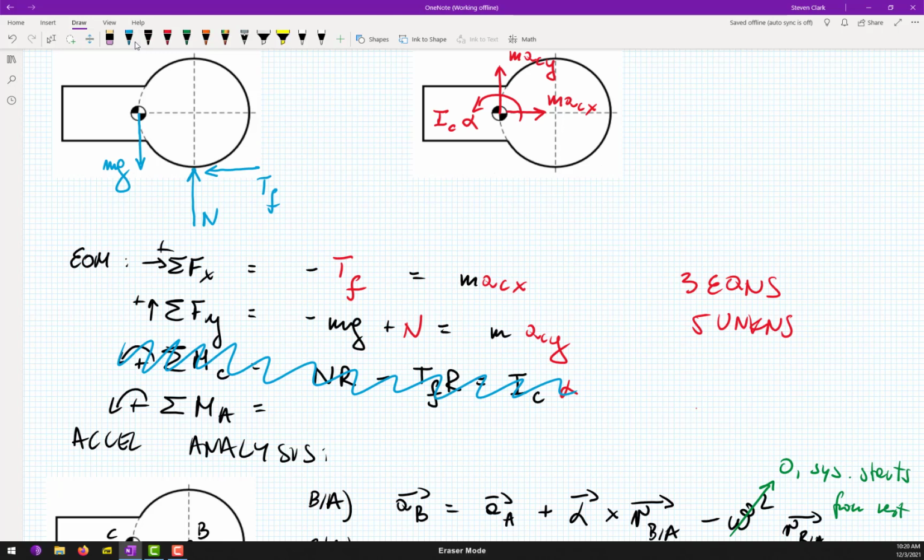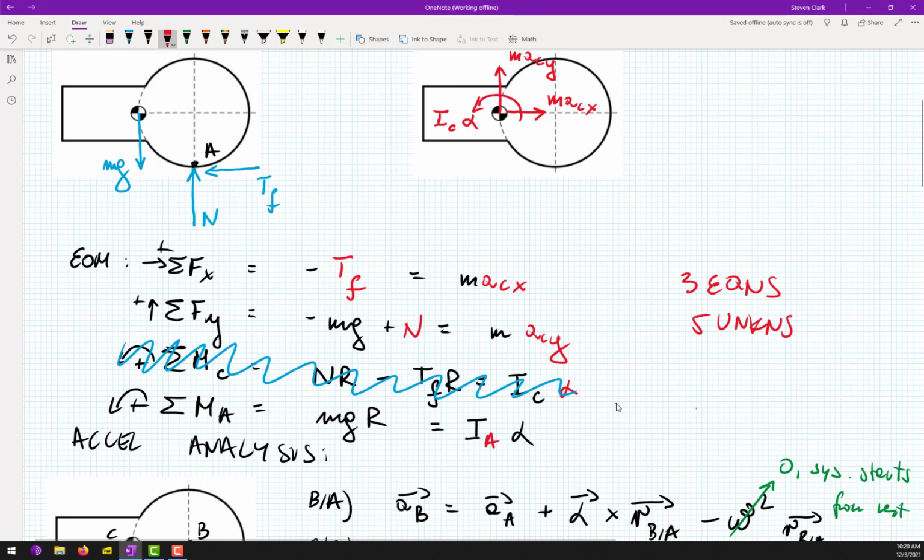Actually, we can do it here. So A is here. So mg only rotates about A, yes? So in here we will have mgr. This is the moment about A, and this will be equal to I_A alpha. And I'm going to mark A with red.